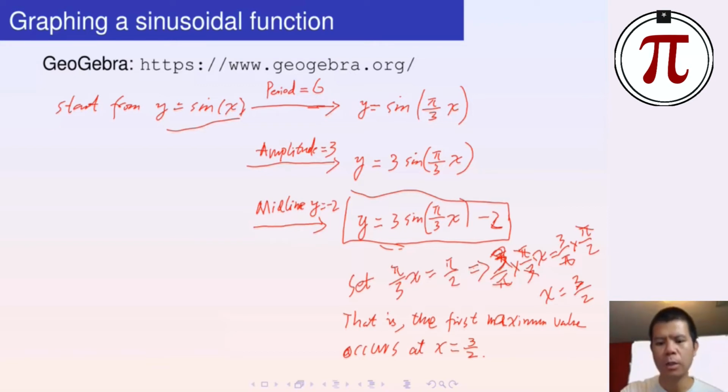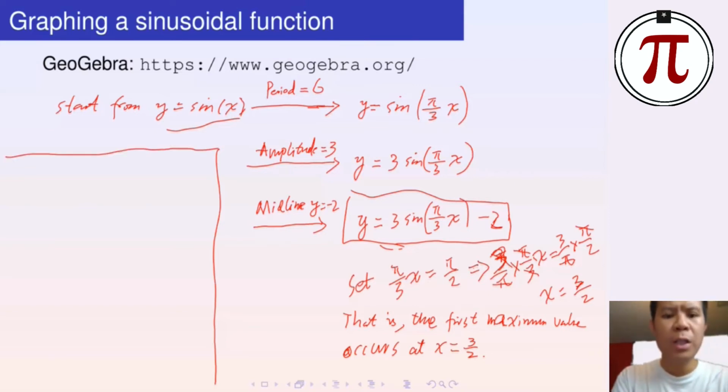That is, the first maximum value occurs at x equals 3 halves. Now, I have another page. Let me just do this one here.